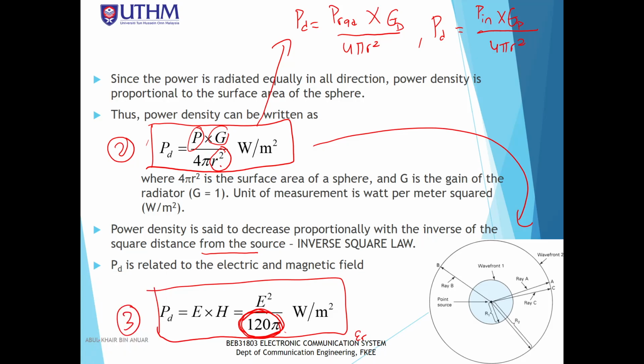So it is the ratio of power density at the outer layer, R2, divided by the power density at the inner layer. We do the comparison, the fraction ratio, in order to find how much is the attenuation, how much is the perlemahan signal yang berlaku when we move from a shorter distance to a further distance.